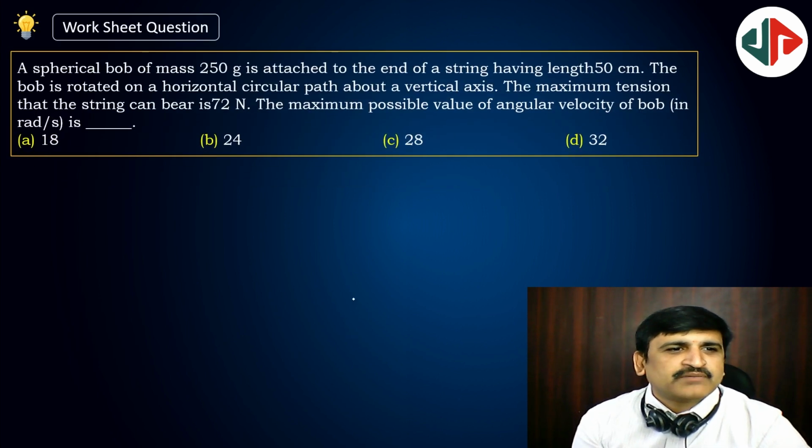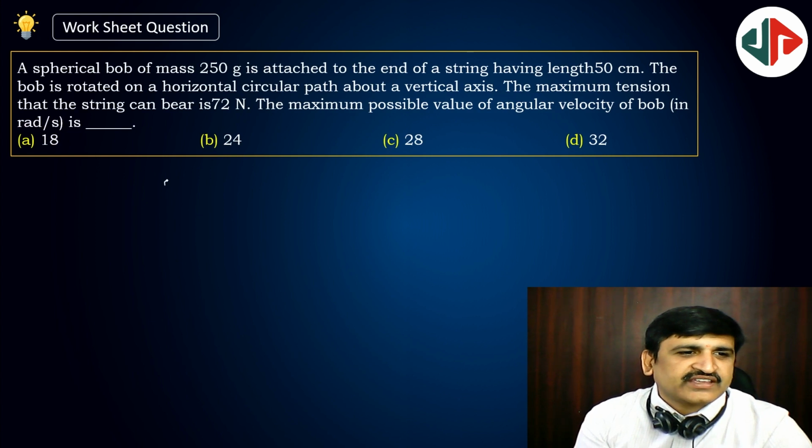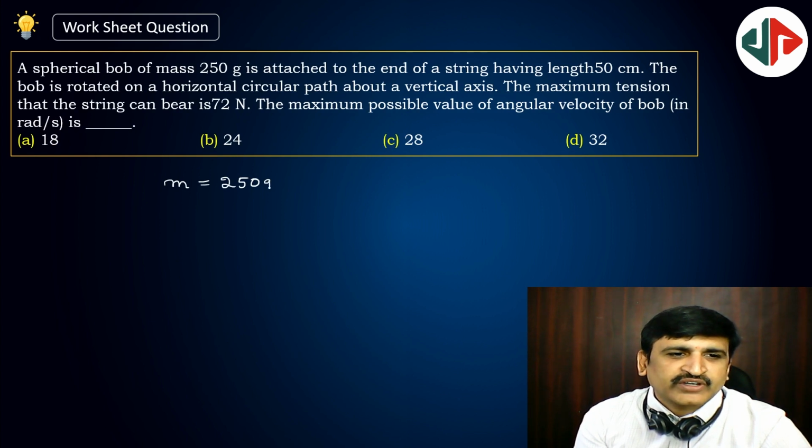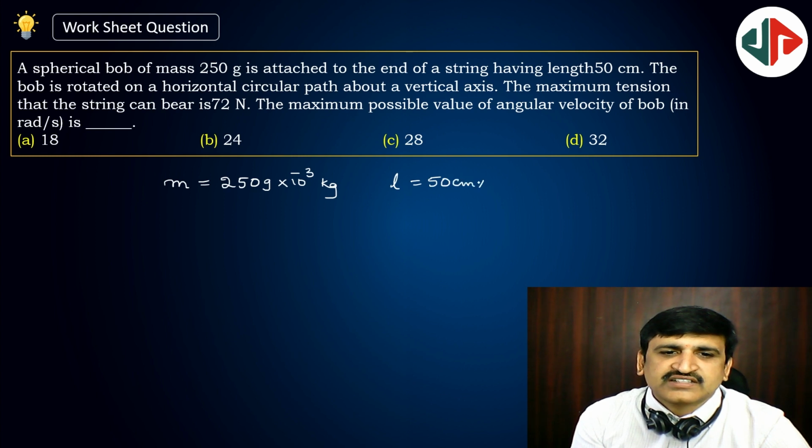A spherical bob of mass m is equal to 250 gram. It's not an SI unit. You need to convert it into 10 to the power of minus 3 kg. Now, length of the string is 50 centimeter. It is also not an SI unit, 10 power minus 2.